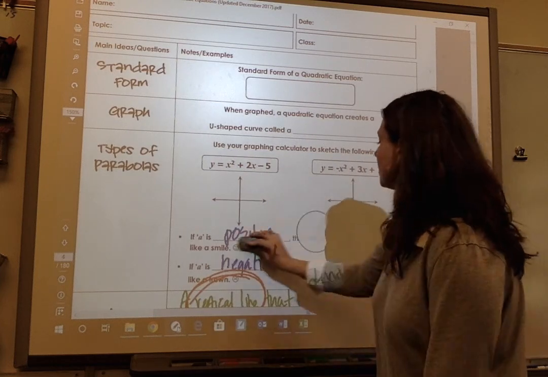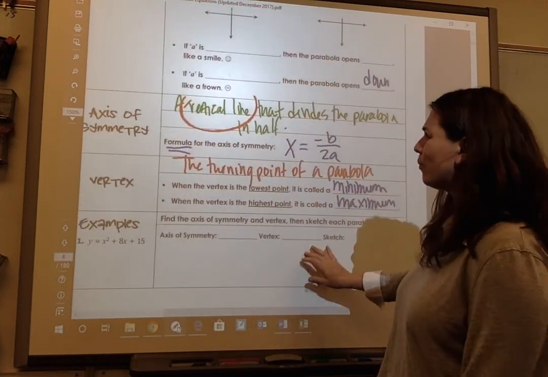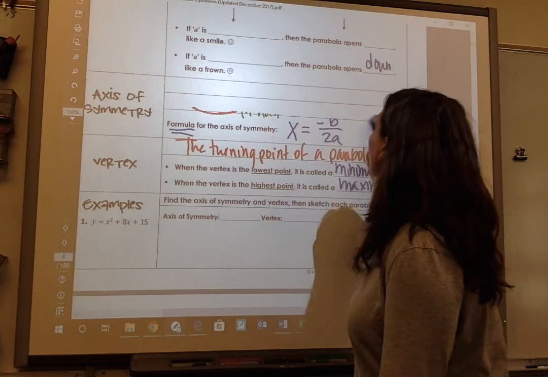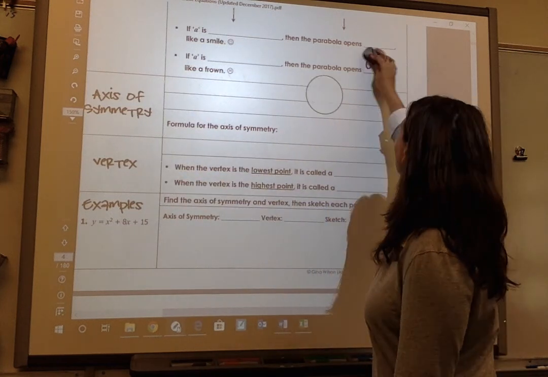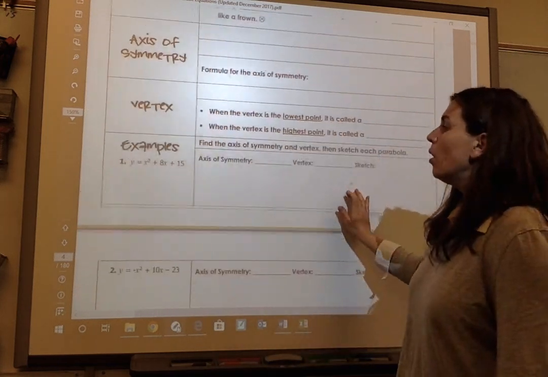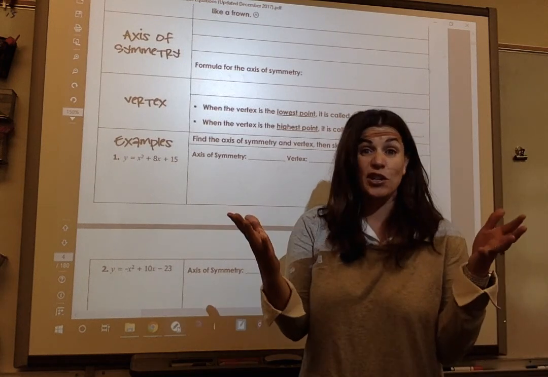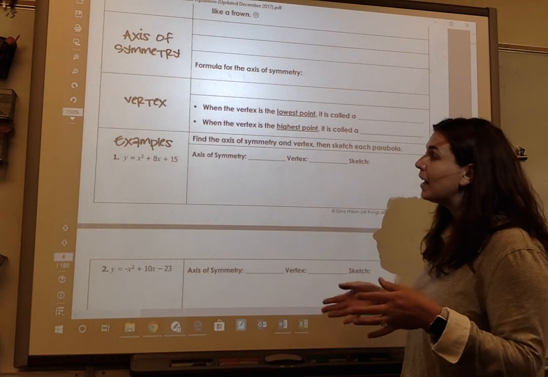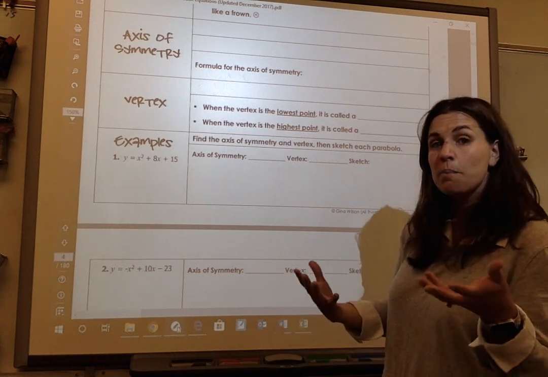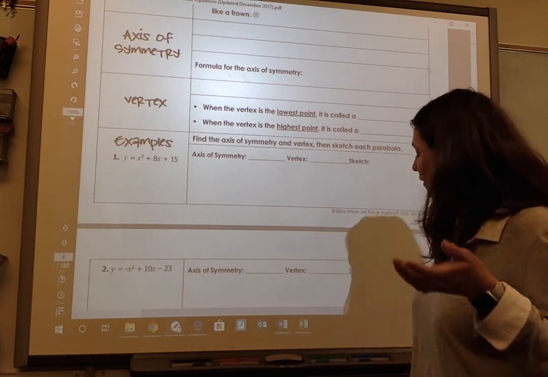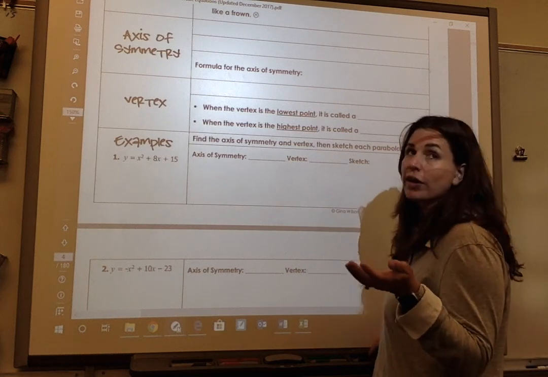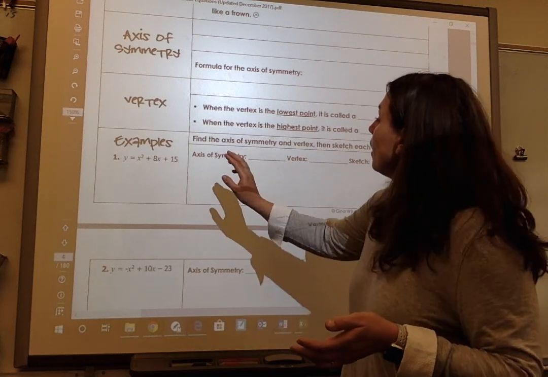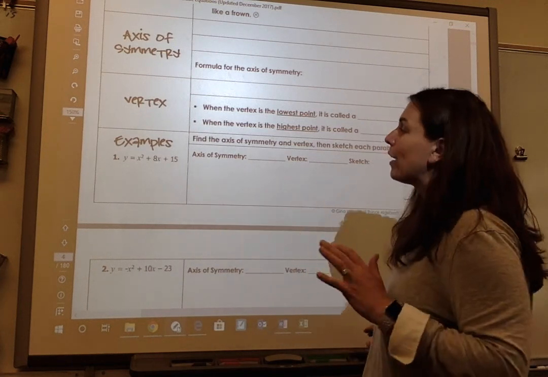All right, and so let's take a look at what this means. How would we graph a quadratic equation in standard form? We're not going to graph them, we're just going to sketch them. So we're not even going to pull out the coordinate plane. I just want to do a few simple things as we're learning what this quadratic equation looks like. So our axis of symmetry, how do we find it?